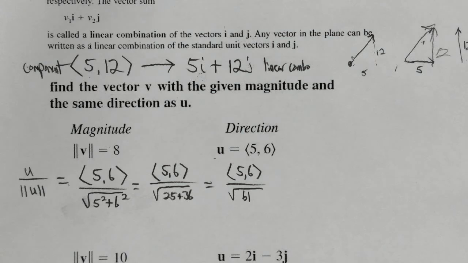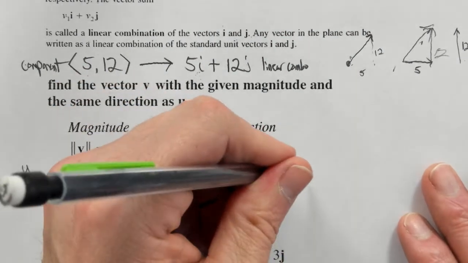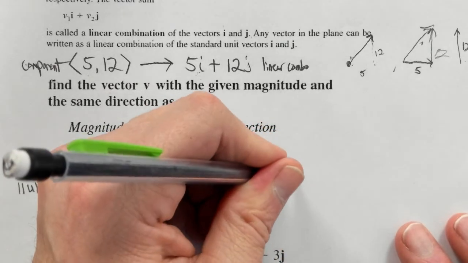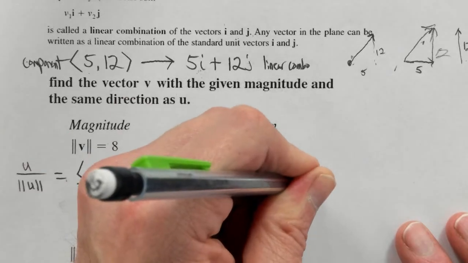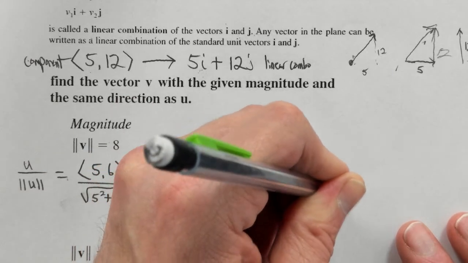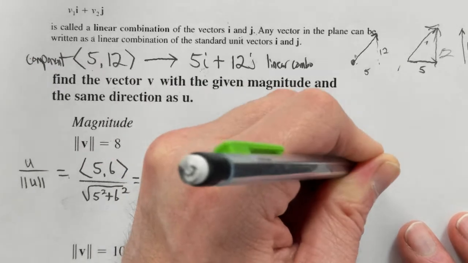All right. So now we can write this in component form as 5 over the square root of 61, comma, 6 over the square root of 61.